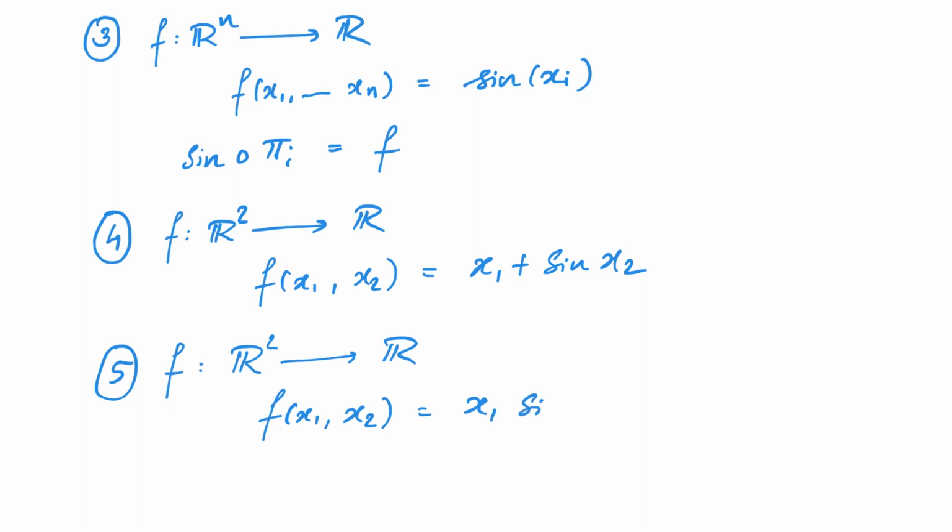This time f is a product of two continuous functions. So if we can show that product of two continuous functions is continuous, this function will be continuous. These examples illustrate that if we can prove that continuous functions from Rn to Rm satisfy the familiar properties of continuous functions from R to R, then we can construct a huge class of examples of functions from Rn to Rm. And we will do that in the next video.